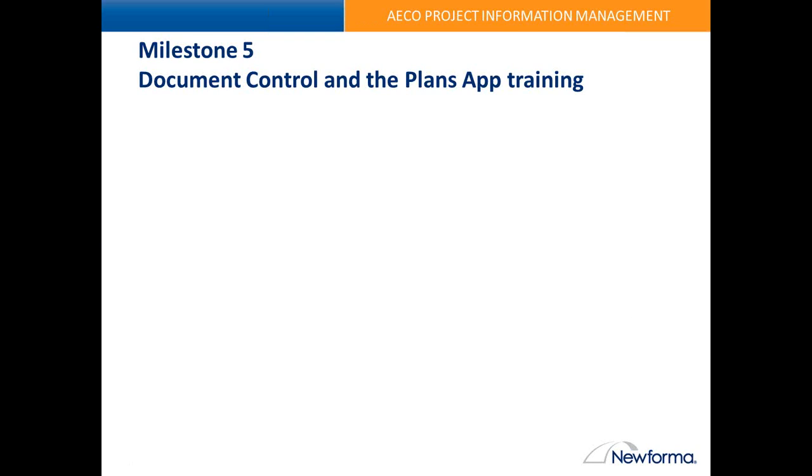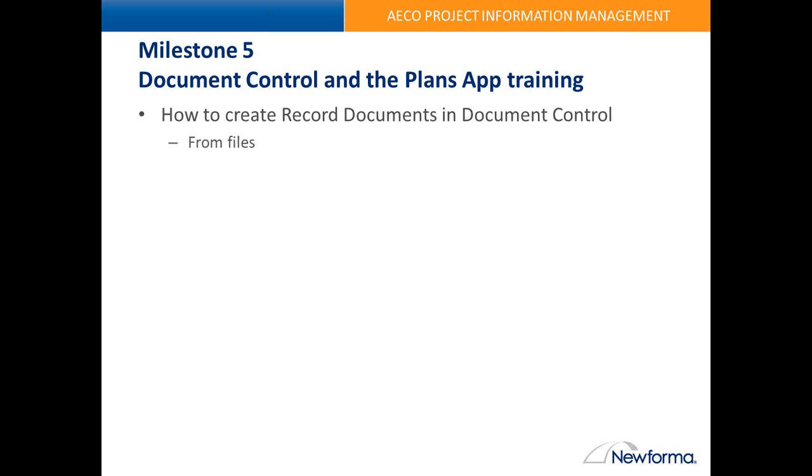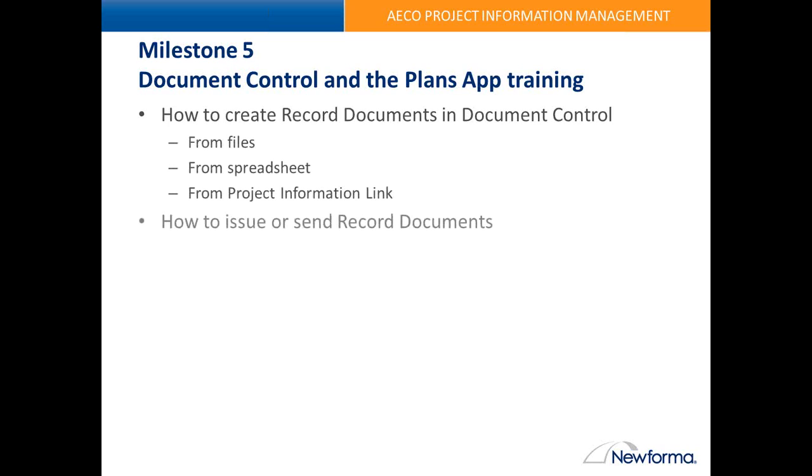Today we'll be covering Milestone 5, Document Control, and the Plans app. That includes how to create record documents in Document Control. We'll do that from files, from a spreadsheet, and from the project information link.